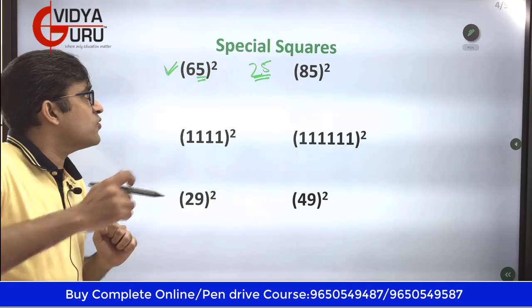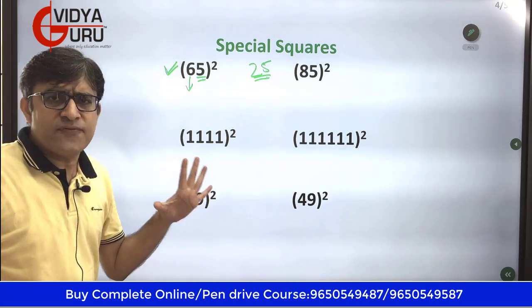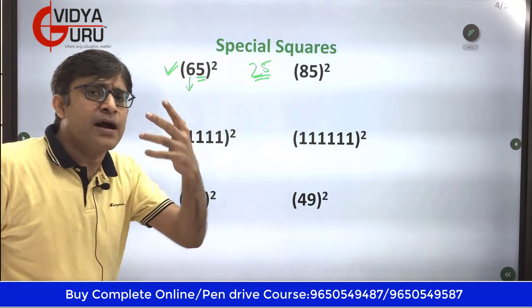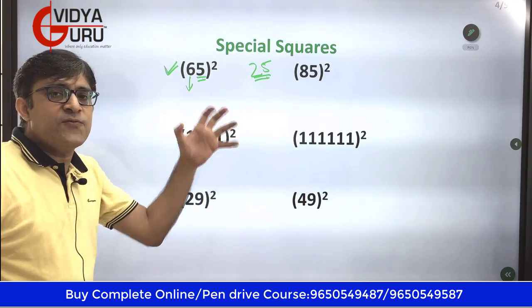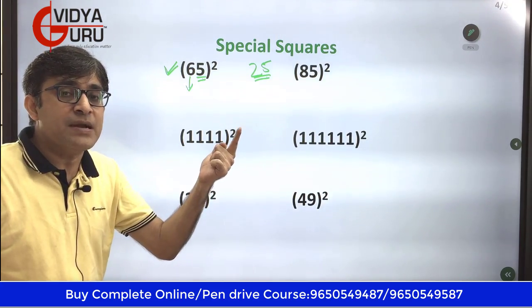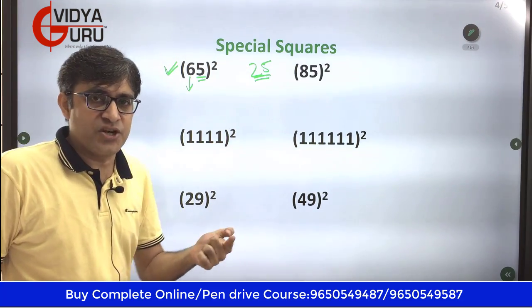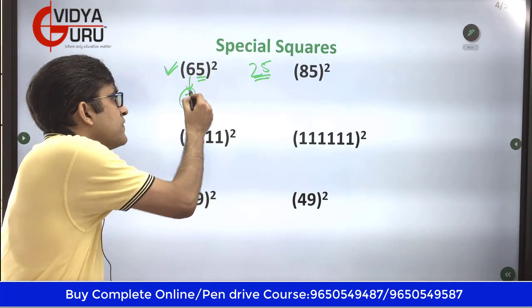Then what you need to do is focus on the other digit, whatever is left apart from 5. We are left with 6. Now 6 will have to be multiplied with the next digit. The next digit to 6 is 7, all of us know that.